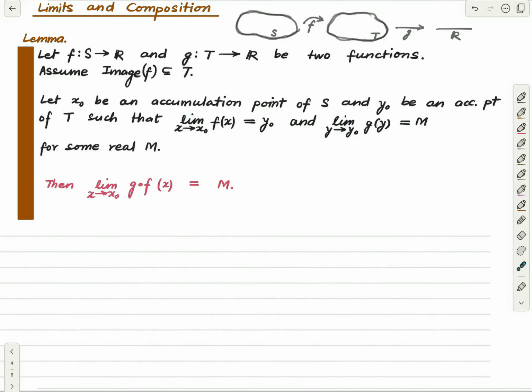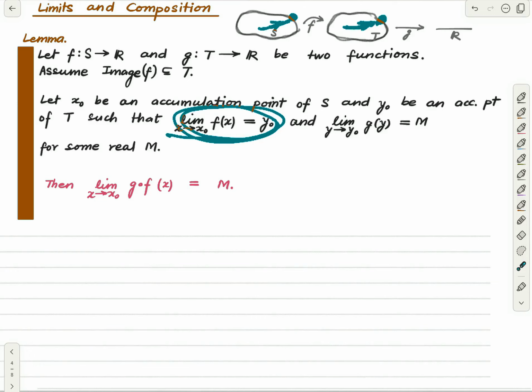So to justify this somewhat heuristically, x naught is an accumulation point. I'll just think of it as lying somewhere here. As you come closer and closer to x naught using the points of S, you come closer and closer to y naught. Y naught is an accumulation point of T. I'm just thinking of them as lying on the boundary.